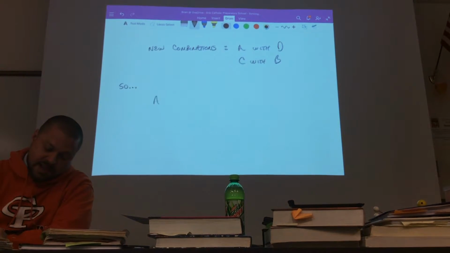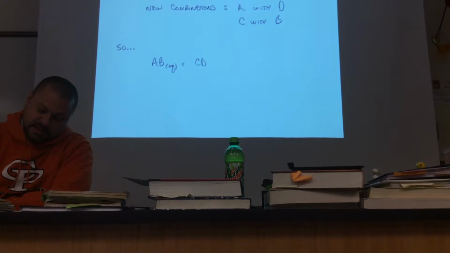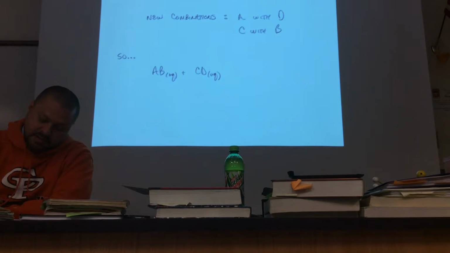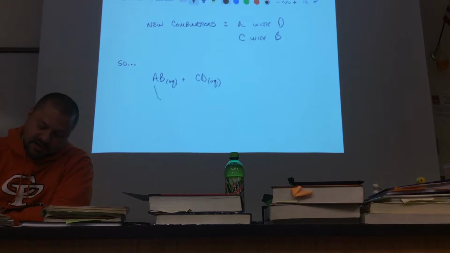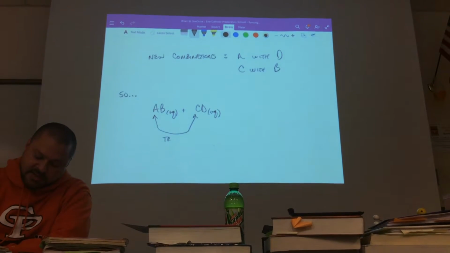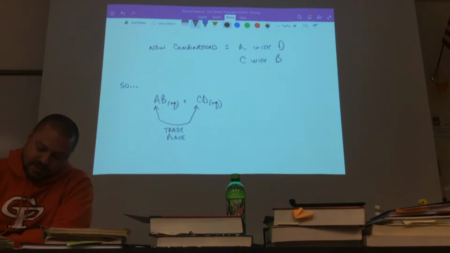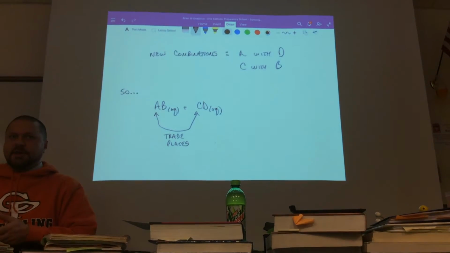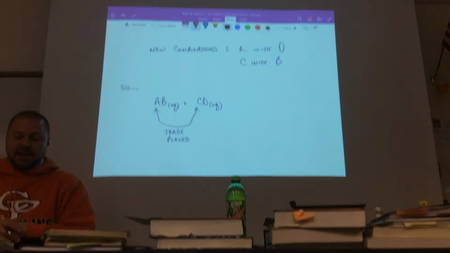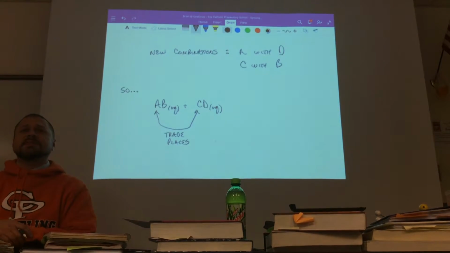So essentially what we're getting is AB aqueous plus CD aqueous. Basically, these guys here, A and C, trade places. That's another way to look at it. This is like you changing partners in the dance. It's like OI, right? We're not saying A is going to end up with C. We're saying they swap places.